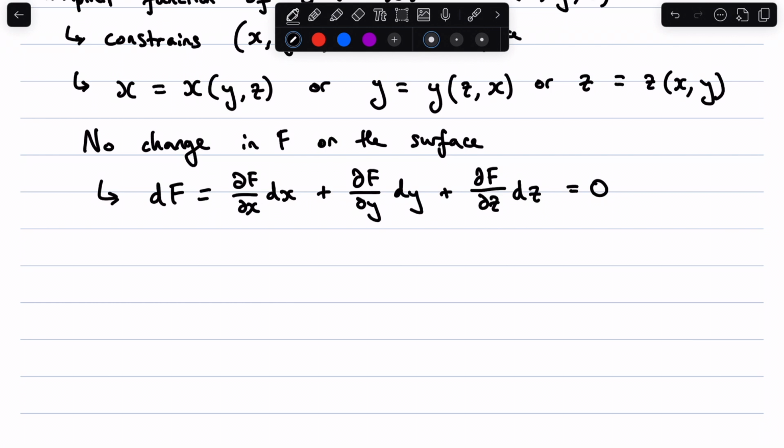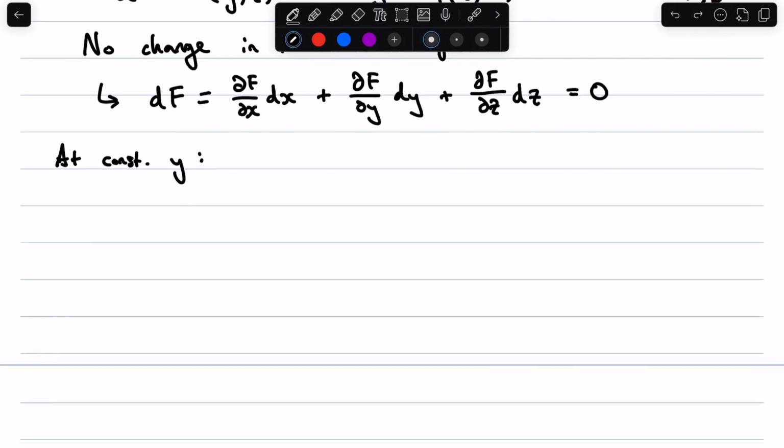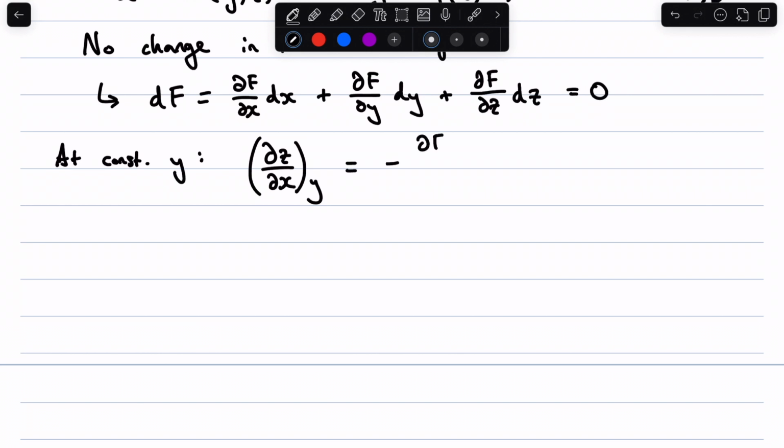It won't change along that surface. So now, at constant y, so keeping this dy as 0, we can find what dz by dx is at constant y. So partial dz by dx at constant y is equal to minus partial dF by dx over partial dF by dz.